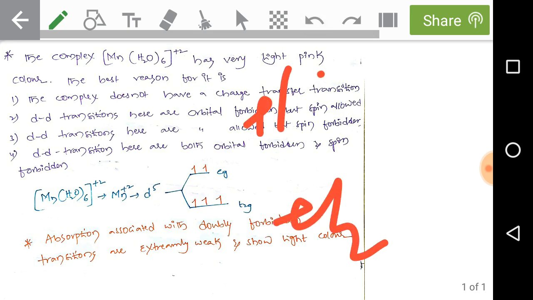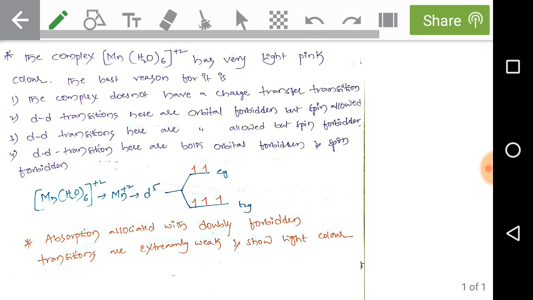Then only it is spin allowed. But here, from t2g, if the plus half electron moves to eg, then the spin must change. That means the sign must change, and then the electron pairs up. So that's why it is spin forbidden.